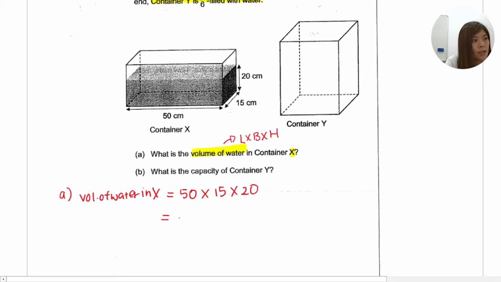So 50 times 15 times 20. This gives you 15,000 cm cubed. If you change to milliliters, it is also 15,000 ml, because 1 cm cubed is 1 ml.